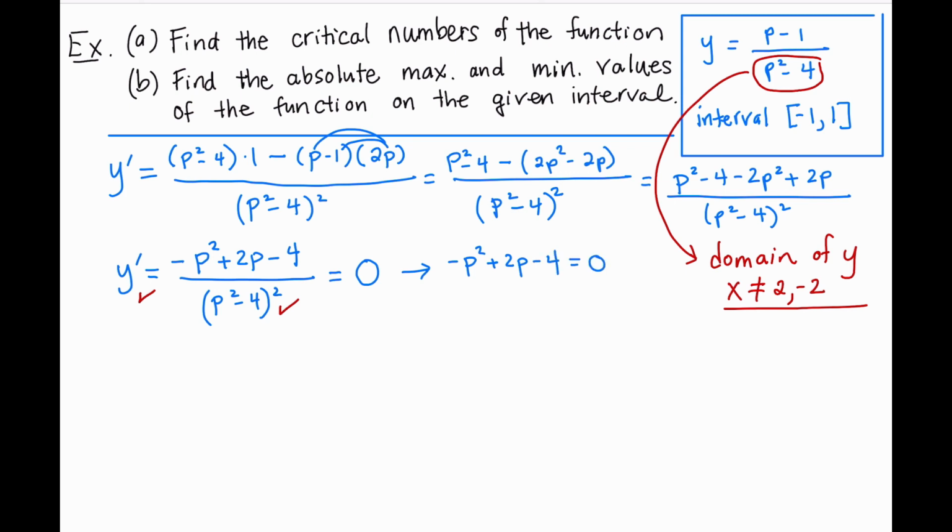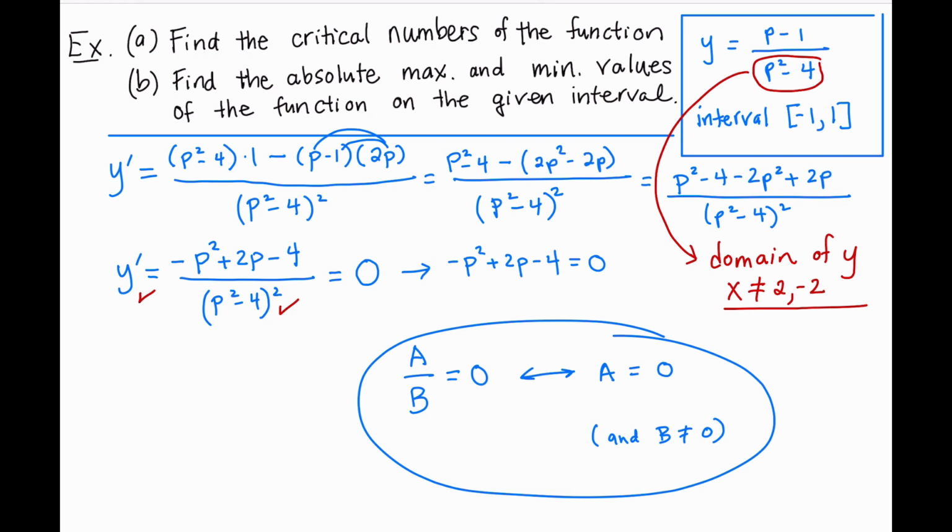Just remember that a quotient a over b is equal to 0 if and only if the numerator is equal to 0 and b is not equal to 0. So that's the basic idea here. If you're trying to figure out where a quotient is equal to 0, focus in on the numerator.